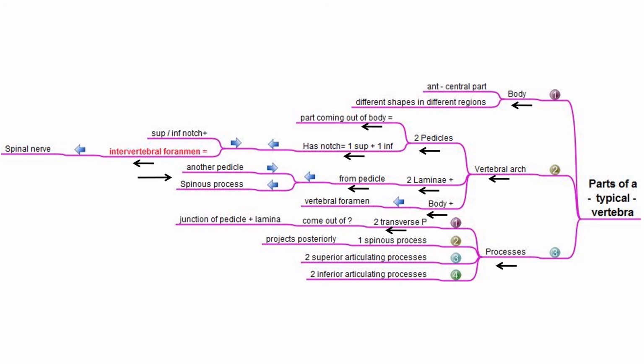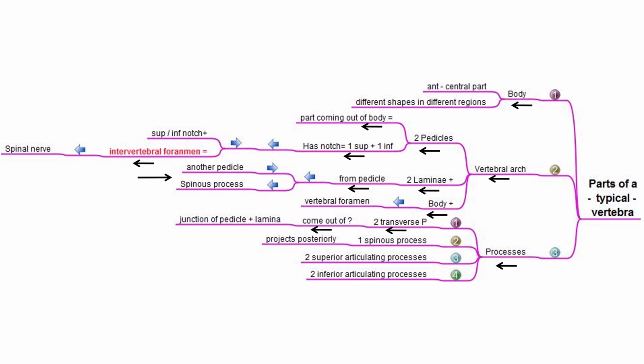Then the body plus the neural arch or the vertebral arch forms the vertebral foramen. So you may write down that a vertebral foramen equals a body plus a neural or vertebral arch.